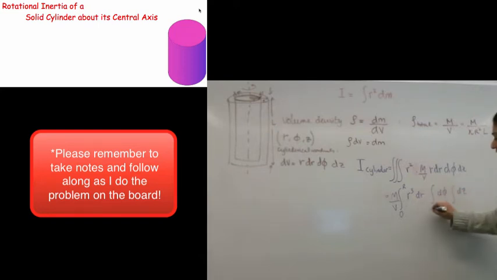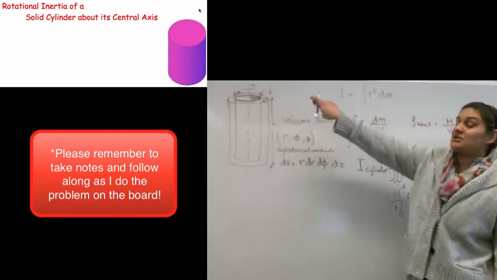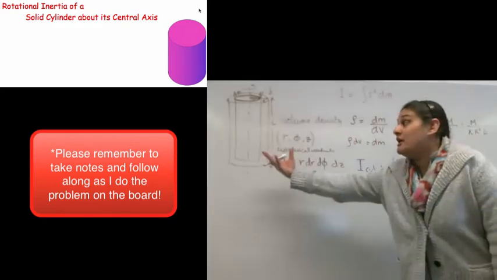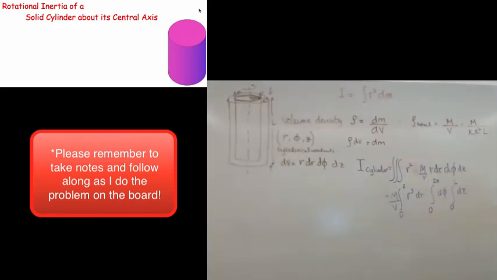Because this is a complete circle, my limits of integration for phi can only be from 0 to 2 pi, because it has to come back to the same point as it started. And my limits of integration for dz, since I called the length L, are 0 to L. Take a second and appreciate how easy it was to find these limits of integration, as long as you understand something about what a cylinder will do.